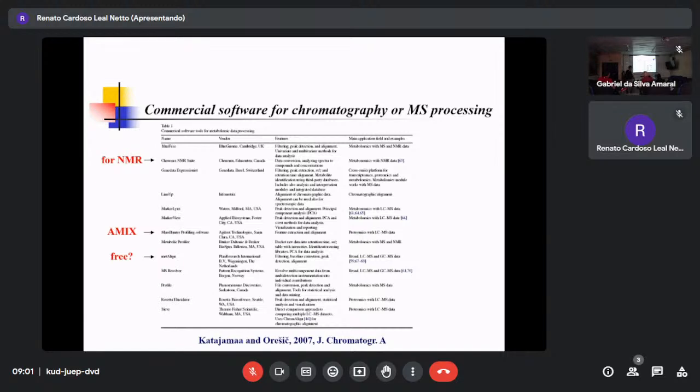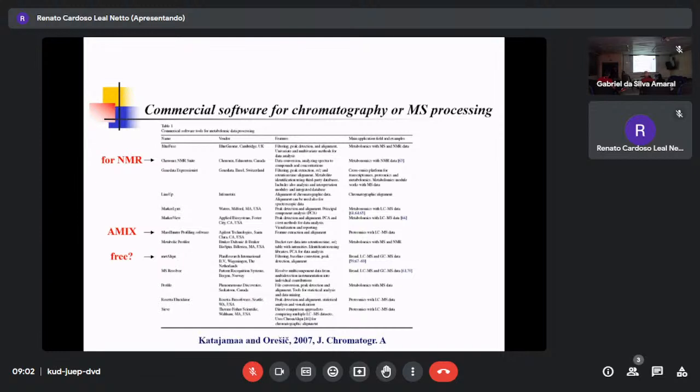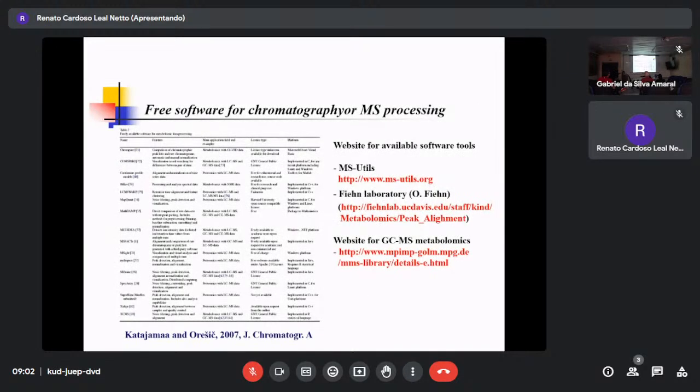So I wrote this information, but it's a bit old. Nowadays, if you do Googling for LC-MS, I think MZmine is very common. And free software for chromatography-mass processing: for chromatography we have to use alignment, right?